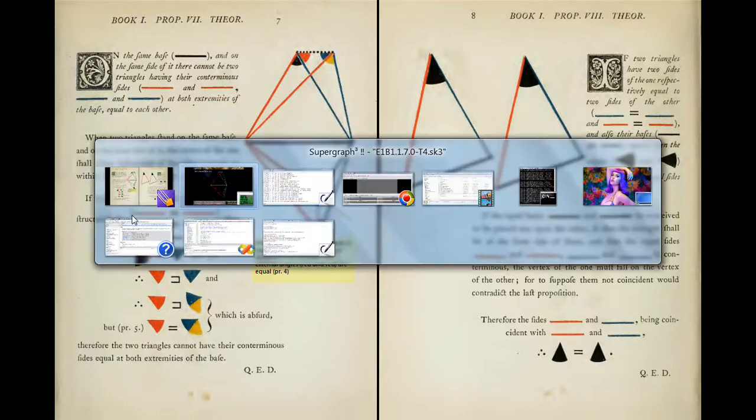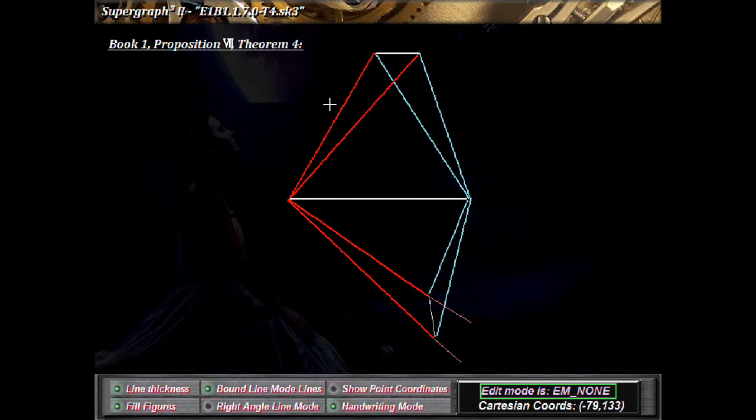So here I've drawn a similar diagram. The two triangles in question, I believe, are these two.